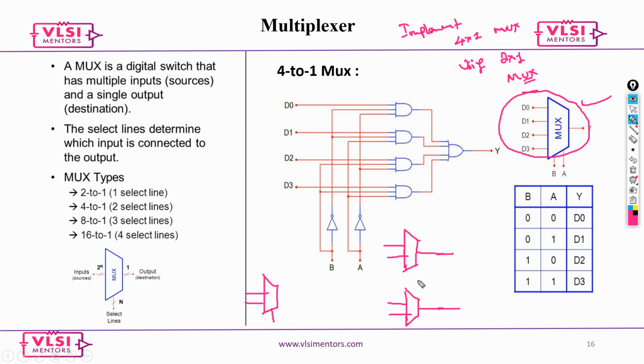So how do we do this? Assuming they both have the same thing, you can implement it like 2, 2, and then one more which is 2.